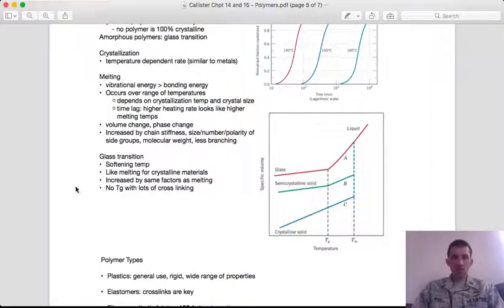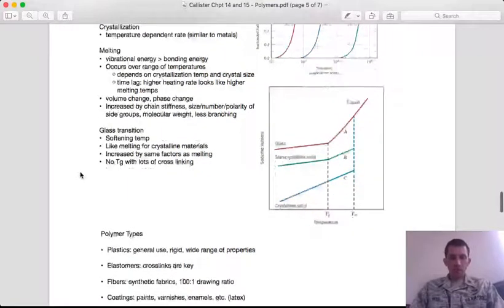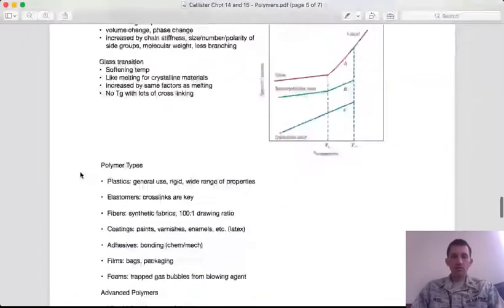They're bonded in place, and so it never really goes rubbery. It just heats until you start to break those bonds, and the material burns up.